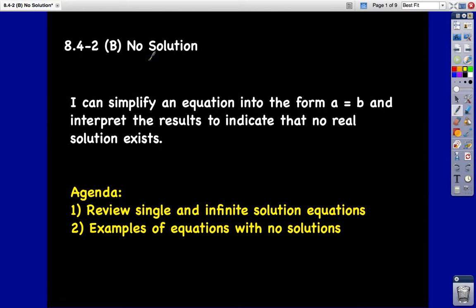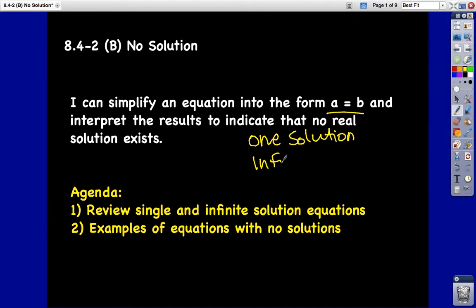Okay, so we're working on no solution. That's the title of this, and it's the last video in the lesson analyzing solutions. I can simplify an equation into the form a equals b and interpret the results to indicate that no solution exists. Up until this point, we have talked about things that have one solution, only one thing for x that would make the equation true.